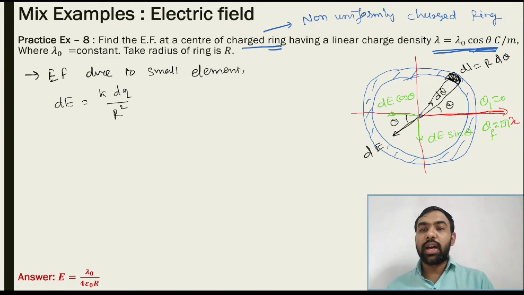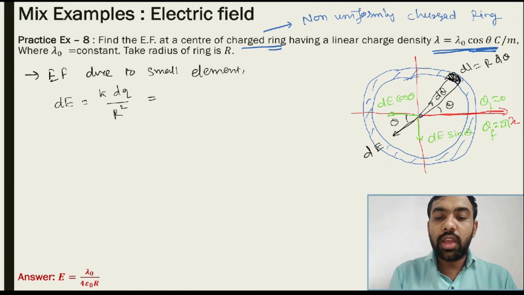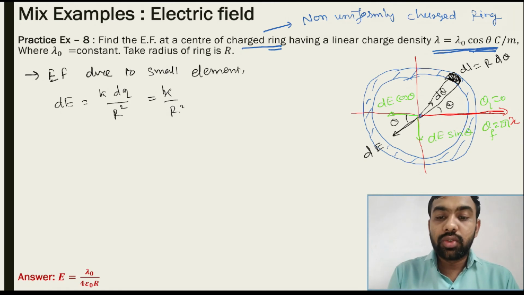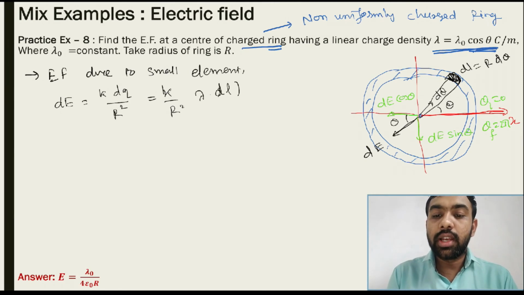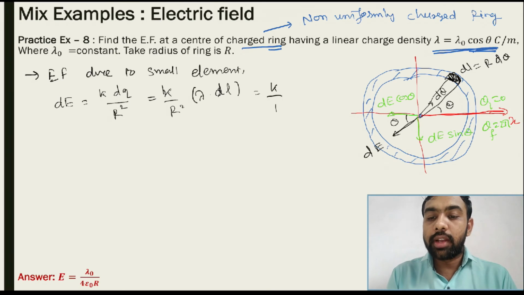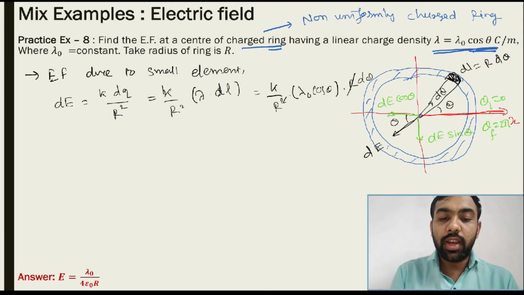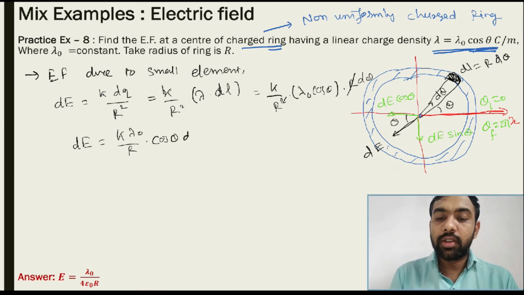What is dq? dq means lambda into dl. So dE is k upon R square, where lambda is lambda 0 cos theta, and dl is R d theta. One R is cancelled out here. So the final answer is dE equal to k lambda 0 upon R into cos theta d theta.